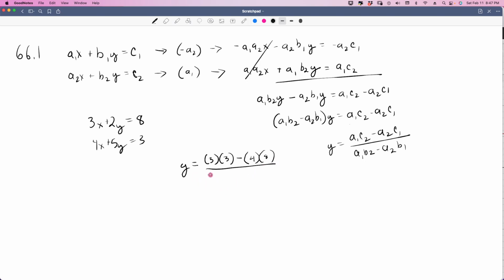Our a1 value is 3, and our b2 value is 5. Our a2 value is 4, and our b1 value is 2. So that becomes 9 minus 32 over 15 minus 8. So then that would become negative 23 over 7.